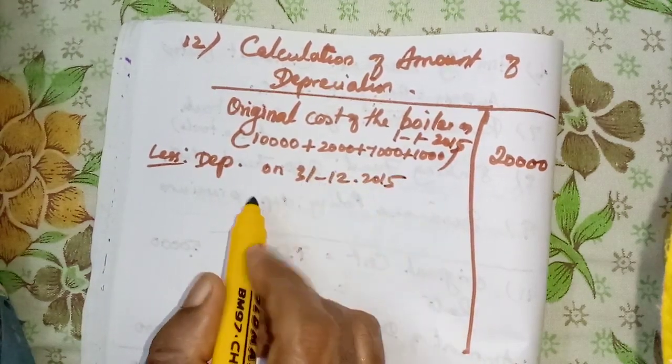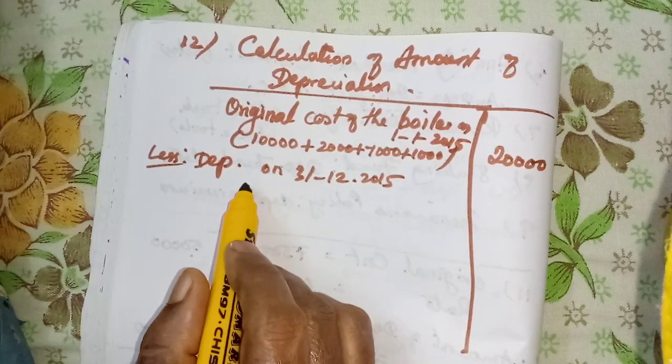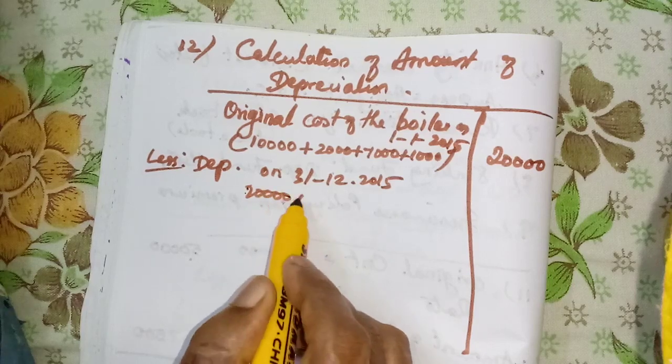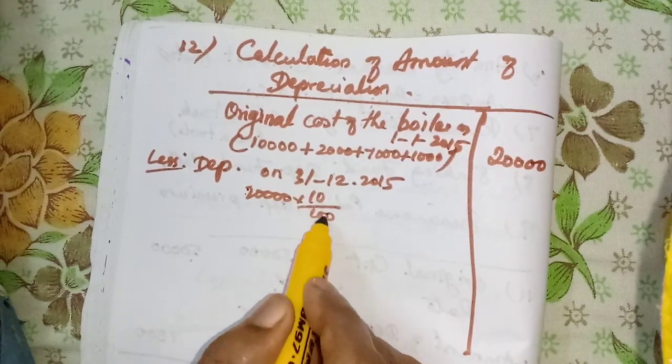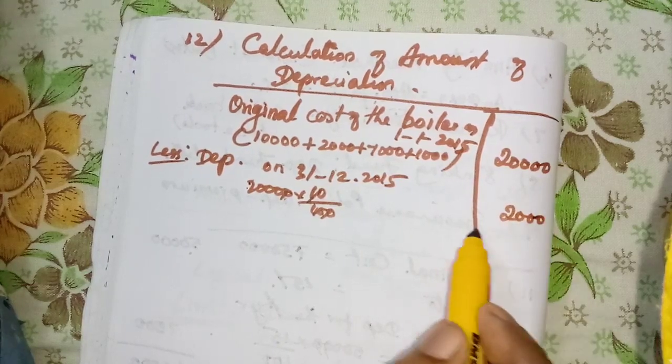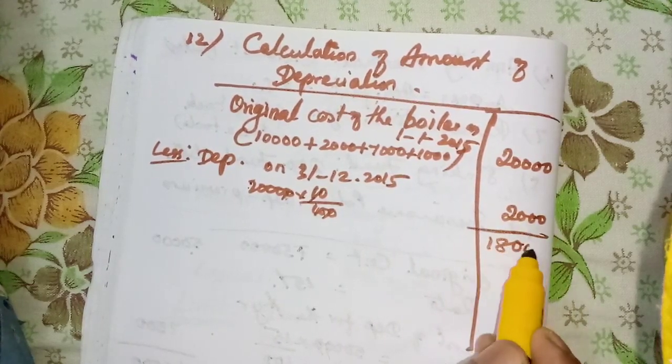So 1 year only, isn't it? So the percentage is how much? 10%. Amount 20,000, 10 by 100. So 2,000. Now we will calculate the remaining amount, 18,000.